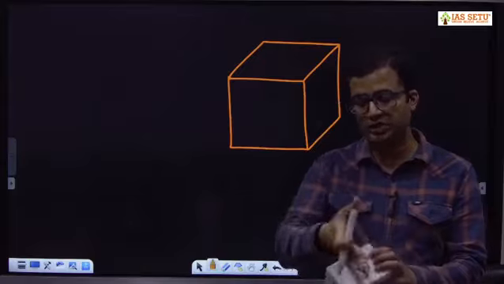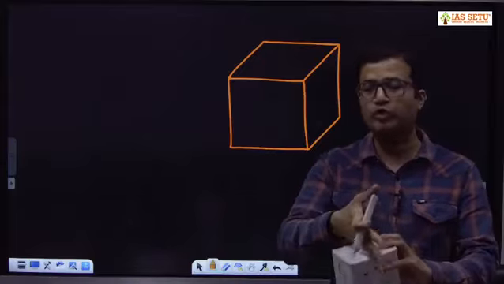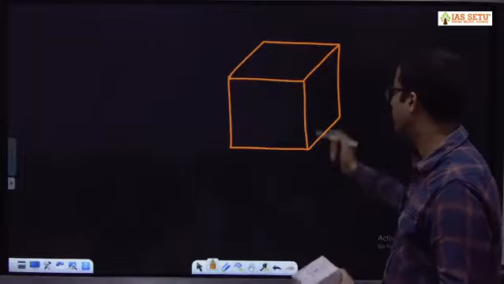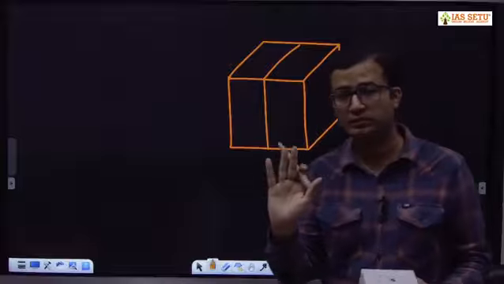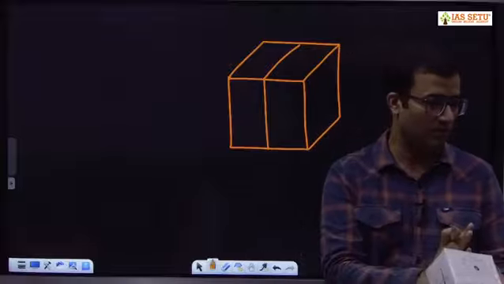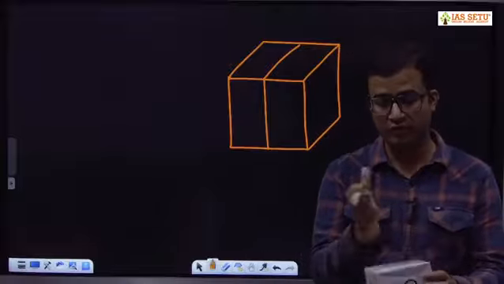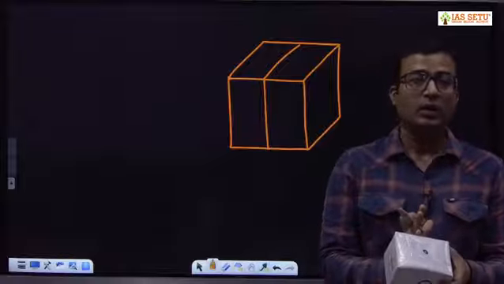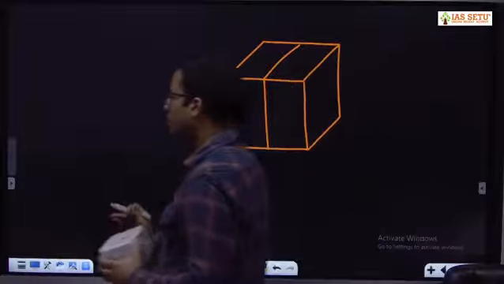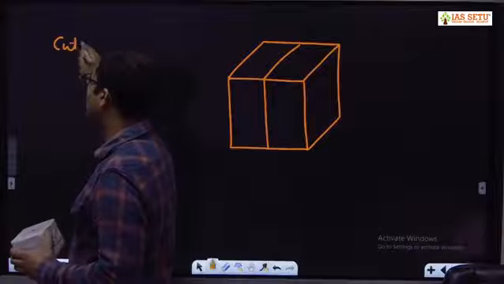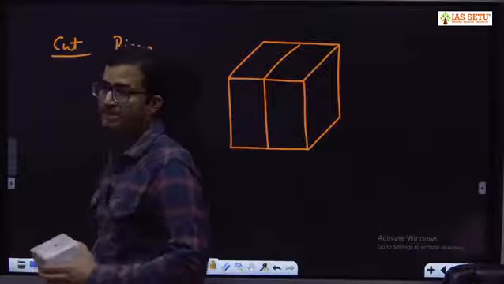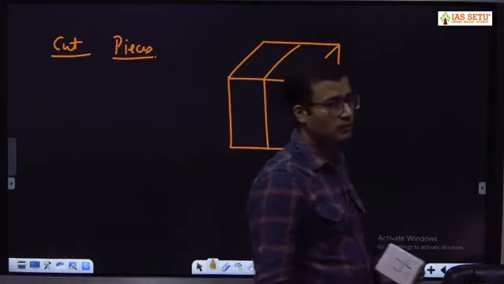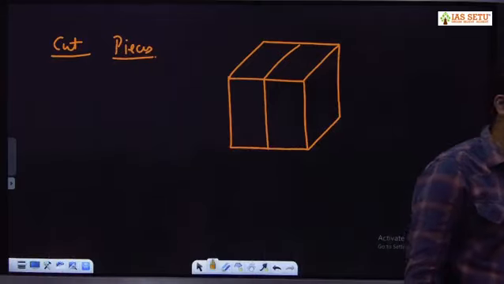Cut से मतलब होता है straight cut. And throughout the cube. मतलब जब काटना है तो पूरा काटना है, आधा अधूरा नहीं काटना किसी को, पूरा. Throughout the cube. Not a half cut, full cut. Okay. So what will be asked? They will give number of cuts and they will ask for number of pieces. Number of cuts given, number of pieces asked.